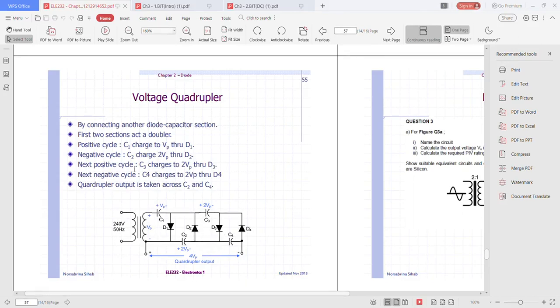So negative cycle, C2 charges to 2 Vp through D2. Next positive cycle, C3 charges to 2 Vp through D3.